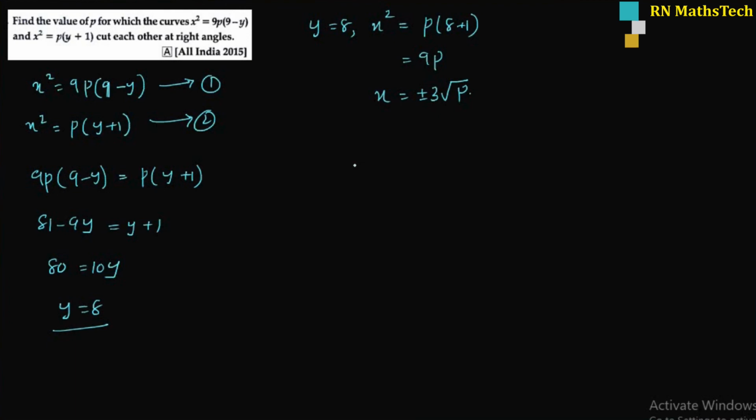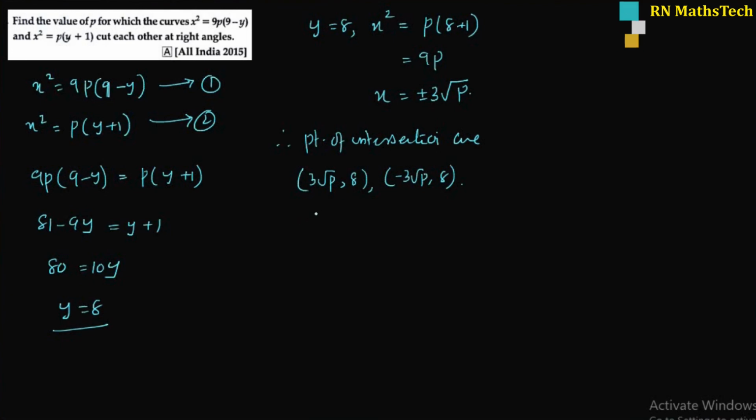Therefore point of intersection are 3 root p comma 8 and minus 3 root p comma 8.